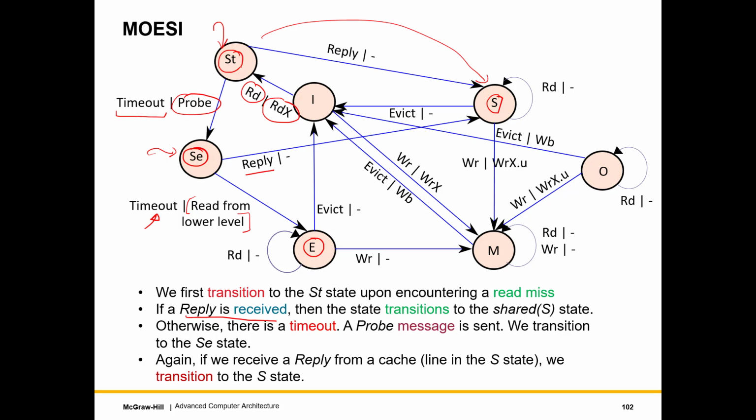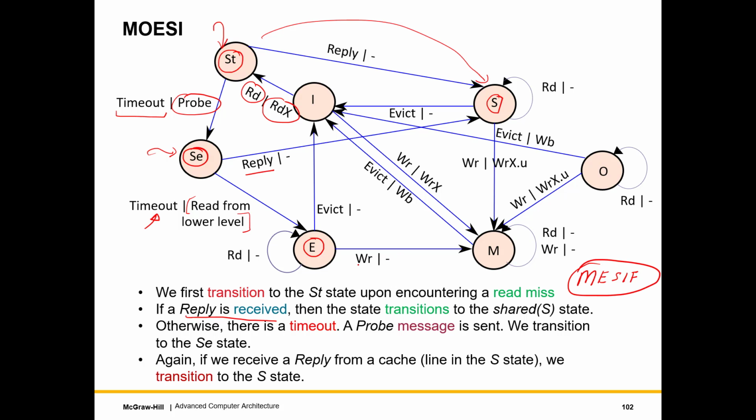In this case, the aim of these two temporary states, ST and SE, is to basically take care of the case when there is no owner. Ideally speaking, we should have some way of ownership transfer. There is a protocol called the MESIF protocol, where F stands for the forwarding state, that does some of this.